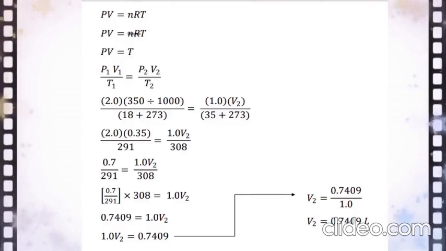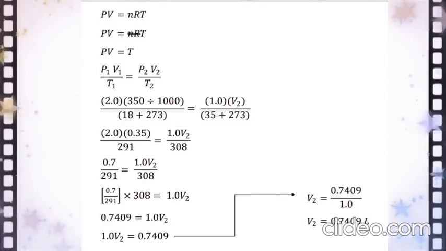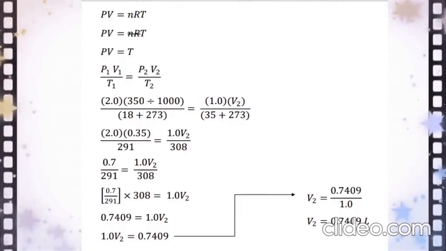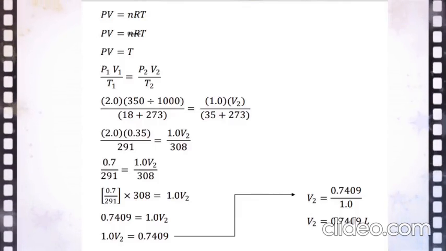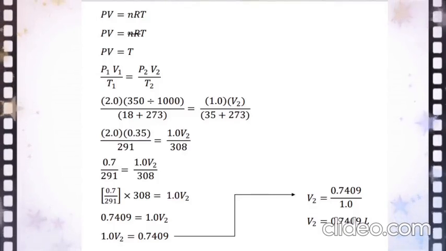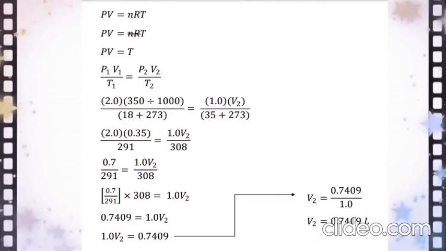So that's why 18 plus 273 to have the value in Kelvin. Then equals P2, which is 1.0, V2, the value that we need to find, divided by T2. Same as T1, T2 also must be in Kelvin. So that's why 35 degrees Celsius plus 273.